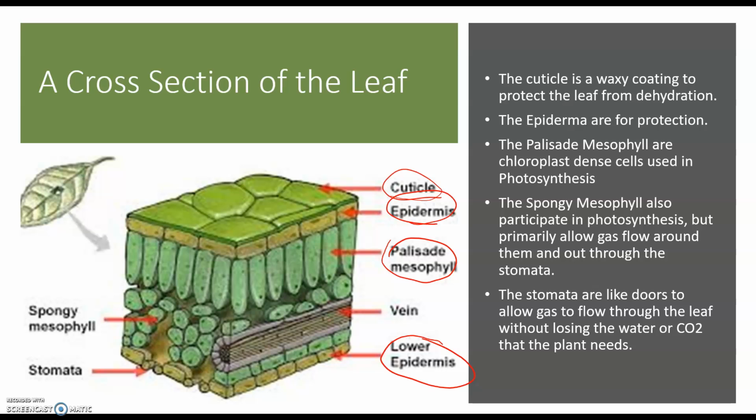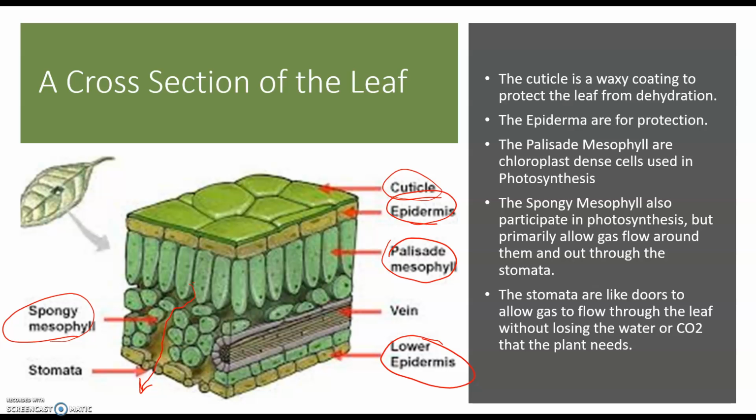The cells are very, very dense with chloroplast, and this is where a lot of the photosynthesis occurs in the leaf. The spongy mesophyll also has some photosynthesis occurring in it, but it mostly allows for gas to move down, around, and out of the leaf.